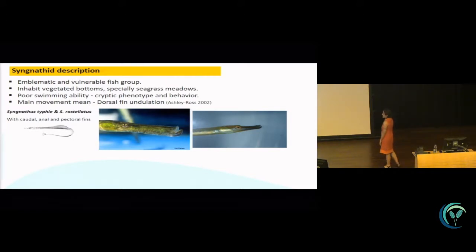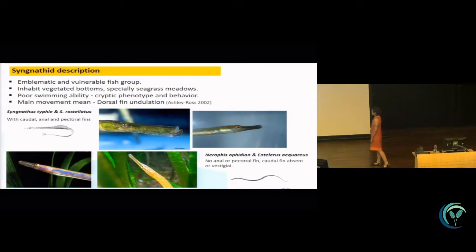Both have caudal, anal, and pectoral fins. And the other 2 are Nerophis ophidion and Entelurus aequoreus. Neither of them has anal or pectoral fins, but Nerophis ophidion doesn't have a caudal fin either. Entelurus aequoreus has a caudal fin, but really, really small.